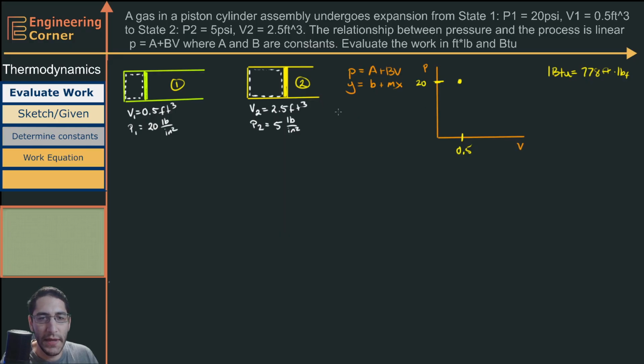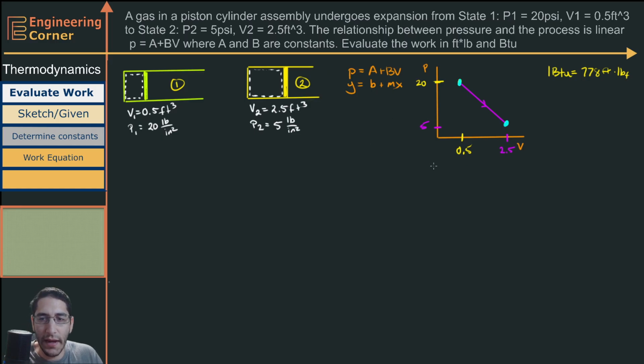Now let's look at P2, V2: this is 5 psi and 2.5 cubic feet. And all I'm saying is the process goes that way, and it's linear. So I can use this point and this point with this equation to solve for my constant values.